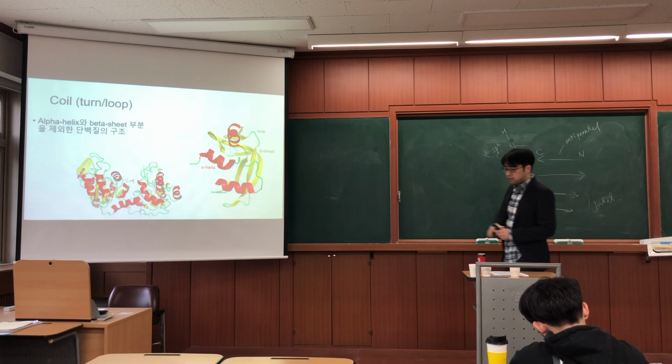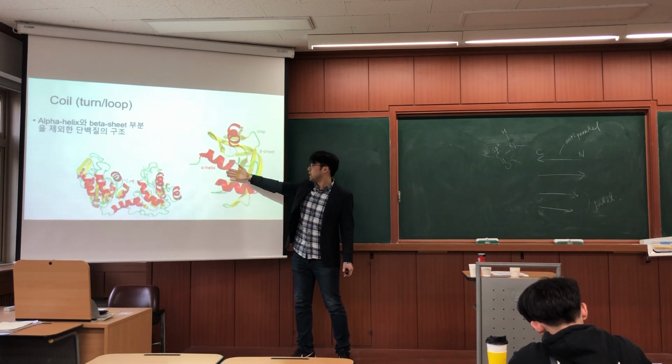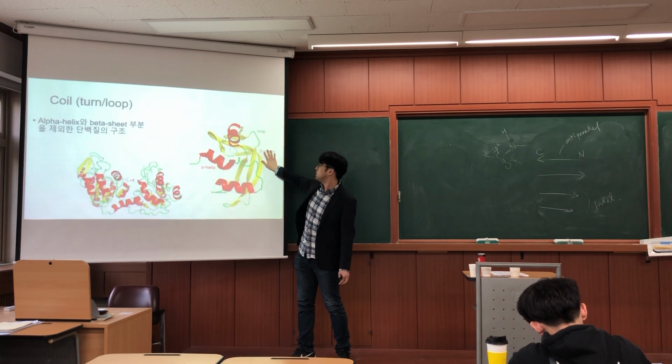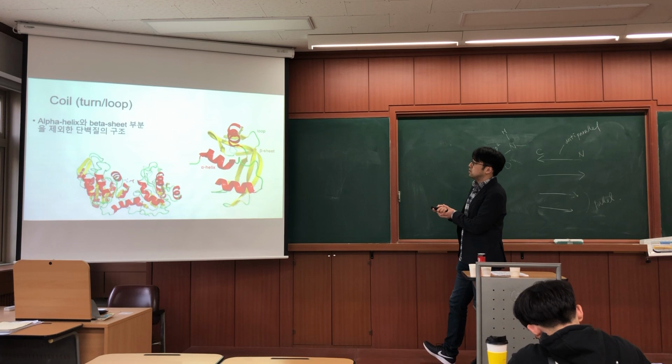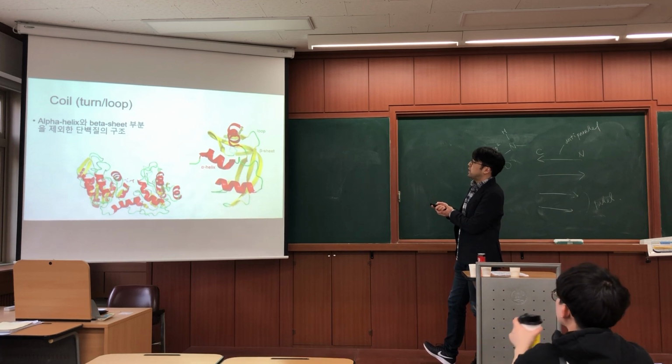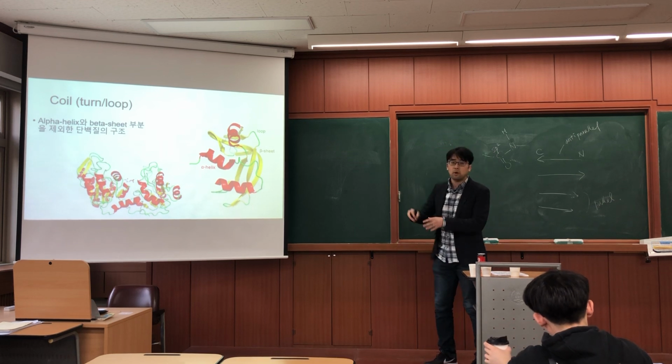The rest of the structure, which is neither alpha helix nor beta sheet, is called loops. Here the alpha helical structures are shown in red, the beta sheet structures in yellow, and the green ones are just called loops.